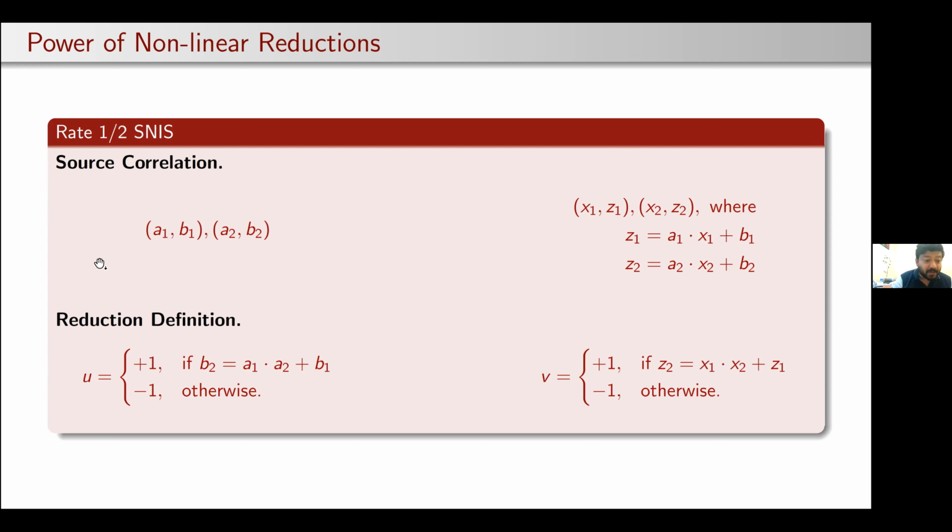The reduction function for Alice says +1 if A1 B1 plus B1 is equal to B2. And I again highlight that this arithmetic is over the finite field of size 2. Otherwise, the reduction function is -1, and the reduction function of Bob is the same as the reduction function of Alice.